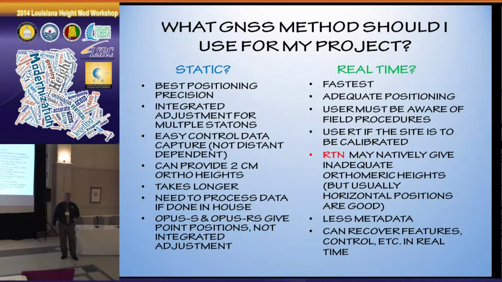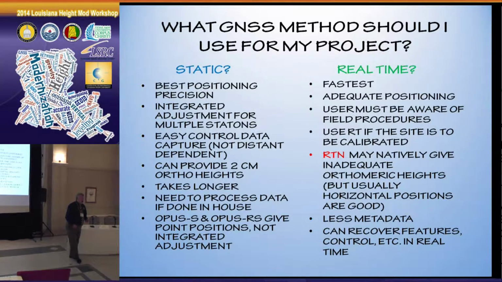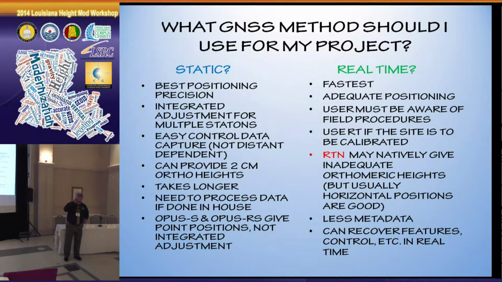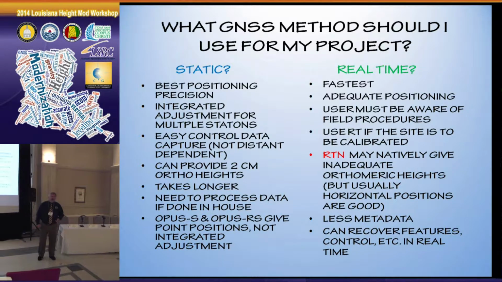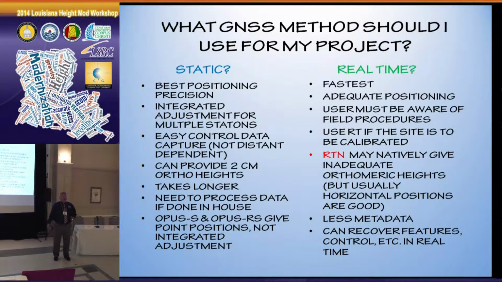But real-time has certain advantages, of course. The company I work part-time for now, GW Stevens, uses real-time a lot. They actually have an R10 rover. And they'll go out to a site and they'll lock into the network. We have a network that actually runs through 12 states on the East Coast. And they'll use that network for their site control.